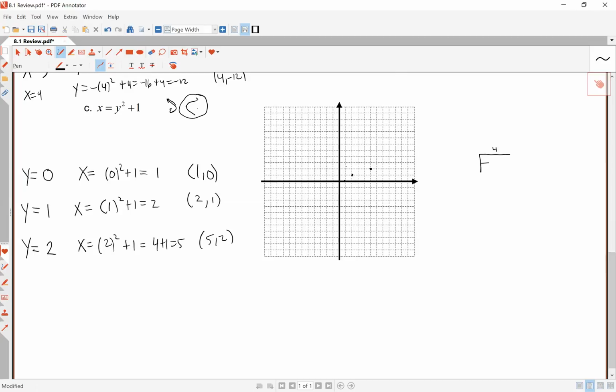And then when I go to y equals 3, x is 3 squared or 9, plus 1, which is 10. So then that was up 3 and over 9. We have the same thing on the bottom of it. And there's our sideways parabola.